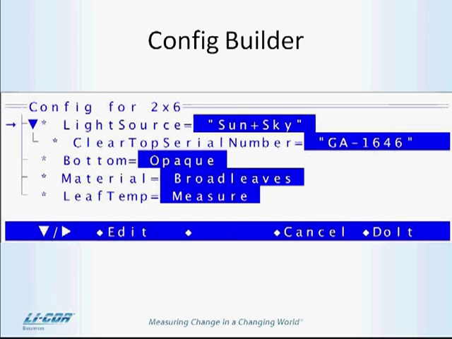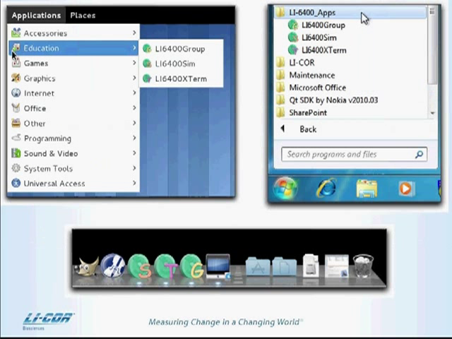Okay, another change is that we have some new applications. You may have noticed from the application that I was using, it didn't much look like the Xterm that you might have on your computer. We have new applications for Windows, we have them for Linux, and we have them for Mac. So whatever operating system you have, unless it's one of the really fringe operating systems, we probably have a control application for you.